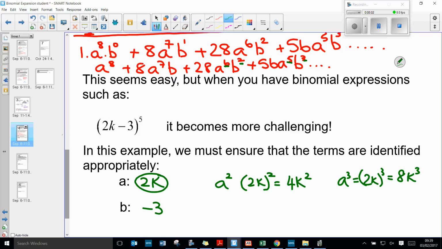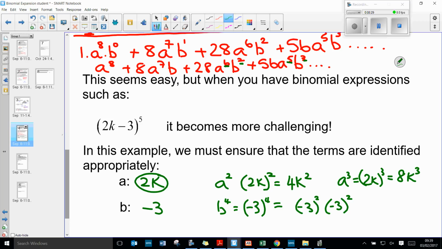If we've got b to the power 4, it's going to be negative 3 to the power 4. This could be on the non-calc paper, so you need to know how to find things to the power 4. My suggestion is that negative 3 to the power 4 is the same as negative 3 squared times negative 3 squared, because we know we can add powers.